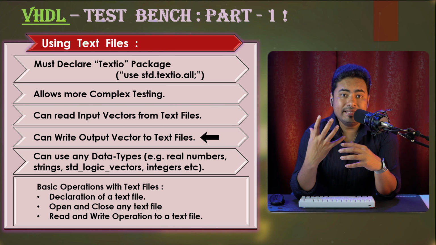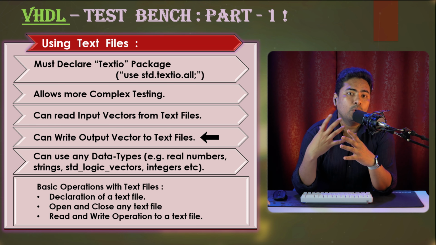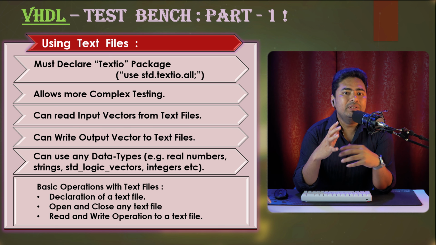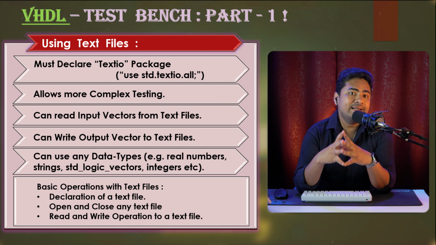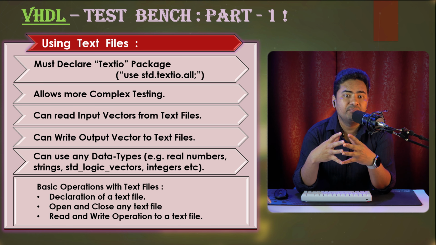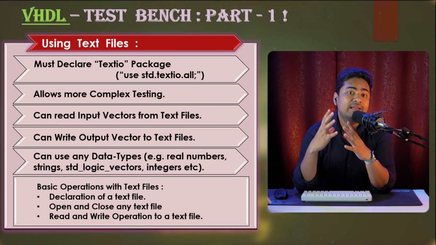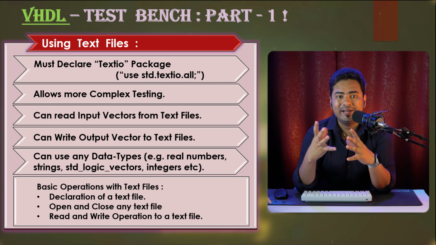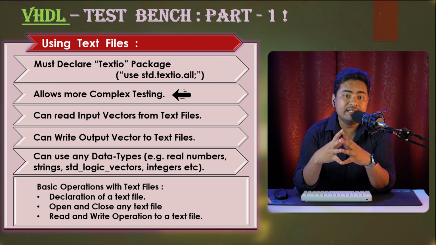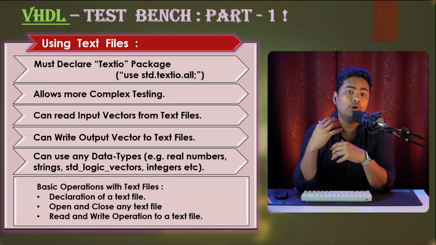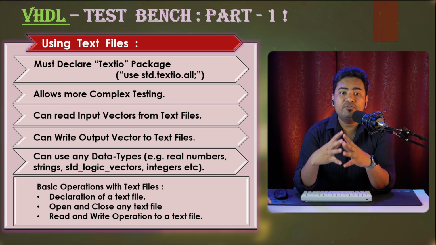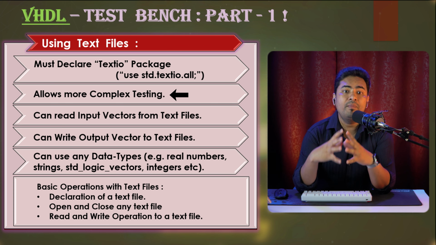And after getting the results, it can write the results into the output text file as well. This is really a powerful tool because now you can change your input set just by updating the text file, instead of writing different sets of inputs into the test bench itself. So you can test your design using many sets of input combinations. And you can leave your simulator running for a long time. Like you can leave it for a whole day and you can perform as many tests as possible.